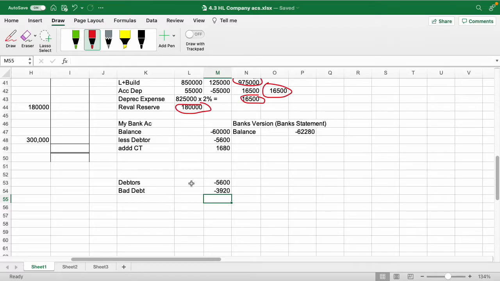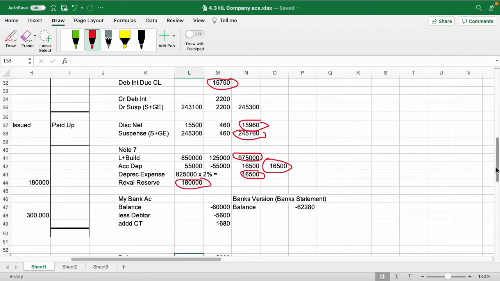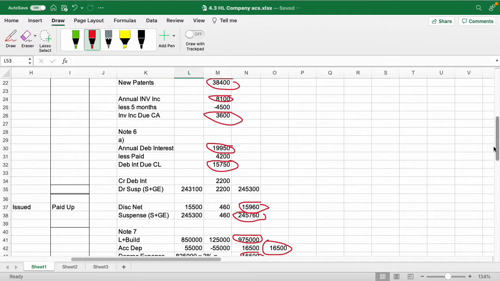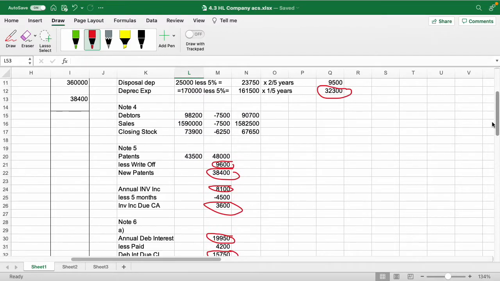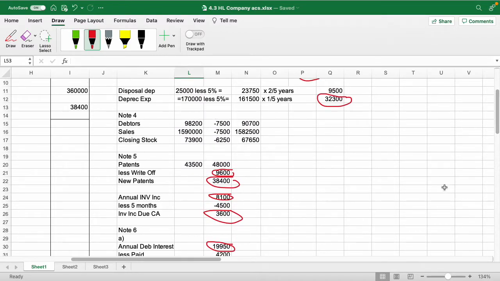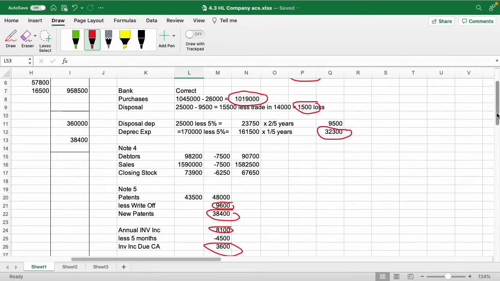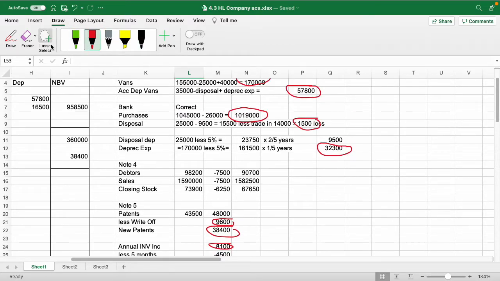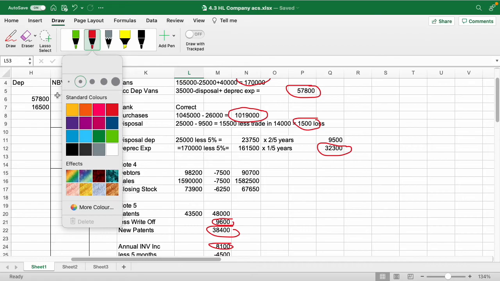So I'll do my debtors while I'm at it. I don't think in the question I've dealt with debtors so far. So debtors is 98.2. Just quickly checking in my notes, I don't see debtors been mentioned here. Actually, it is. Debtors is mentioned, note number 4. Actually, I'm just going to mark those while I'm at it.